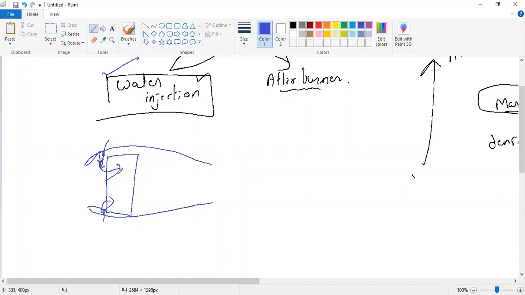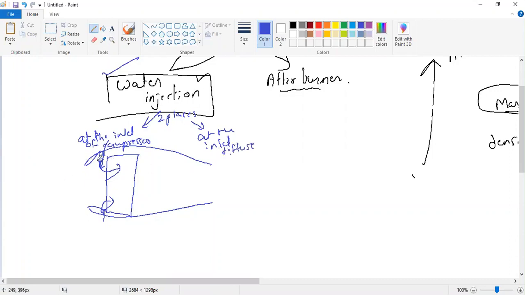This water which is added can be added at two places. Please remember, water can be added at two places. First one is at the inlet of compressor. So what I'm doing here is I'm adding the water at the inlet of the compressor. Second one is at the inlet of diffuser.